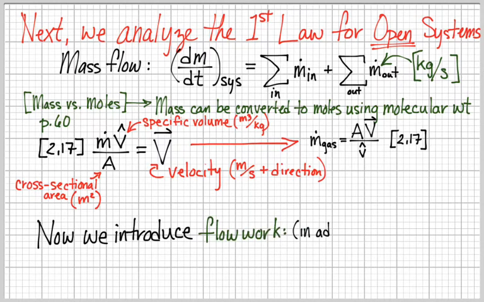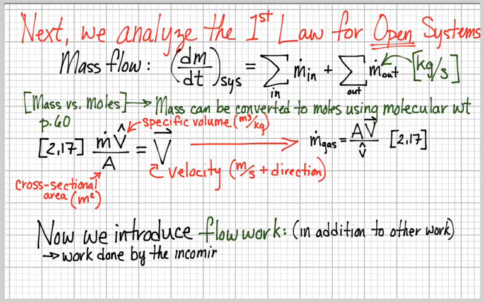From this, why we took time to describe mass flow is because we are introducing a new phrase called flow work. And flow work is really tightly related to that mass flowing in and out of the system. And we say this because it is the work that is done by the incoming fluid, because that incoming fluid is going to go into the system.